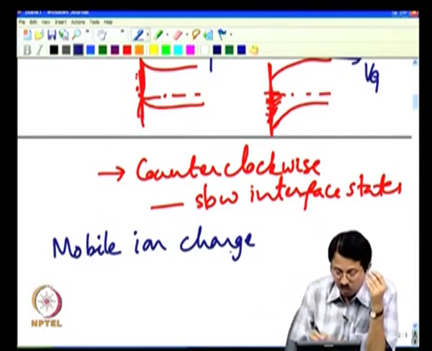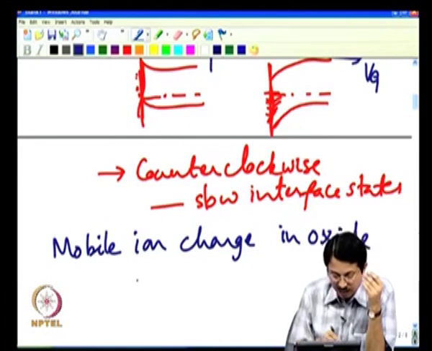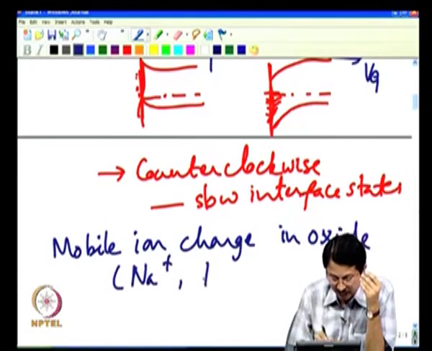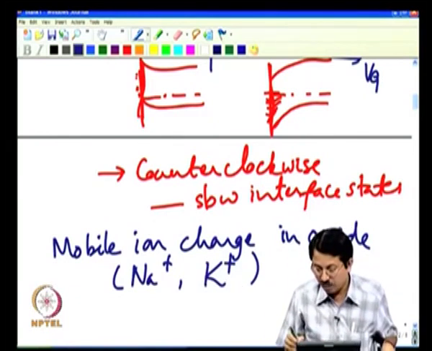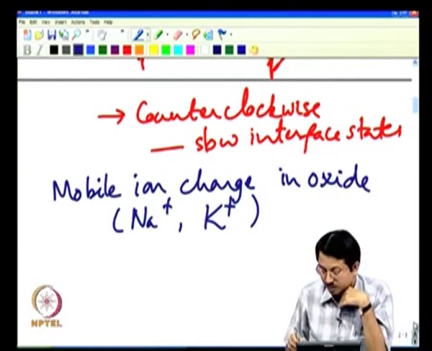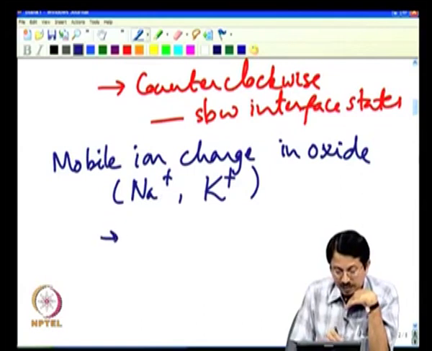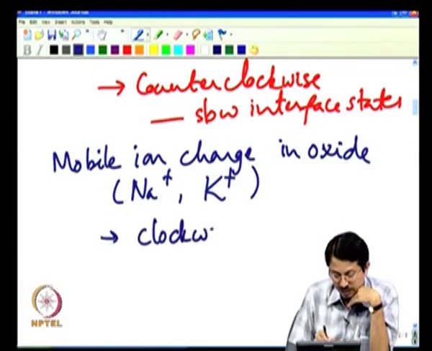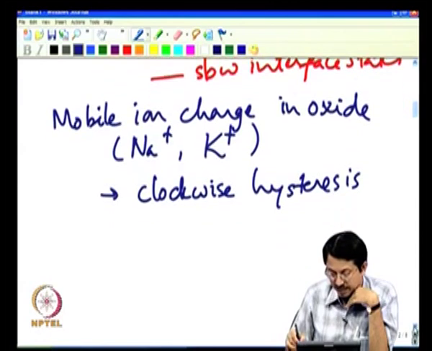When we talk of mobile ion charge in oxide, we are essentially talking of sodium, potassium and so forth, which are positively charged metal impurities. If you have this, then you will always have a hysteresis, and that will be a clockwise hysteresis. It also becomes clear why that is the case.